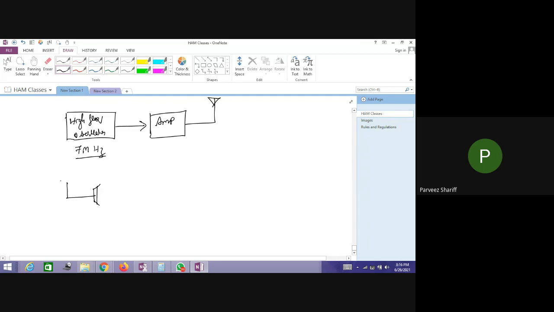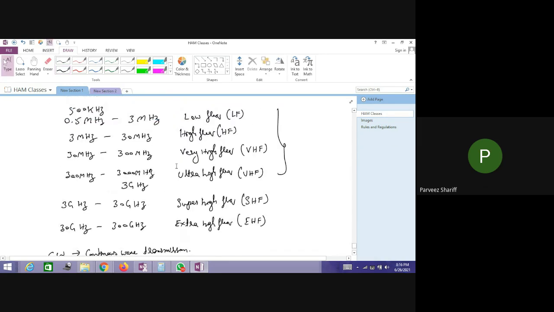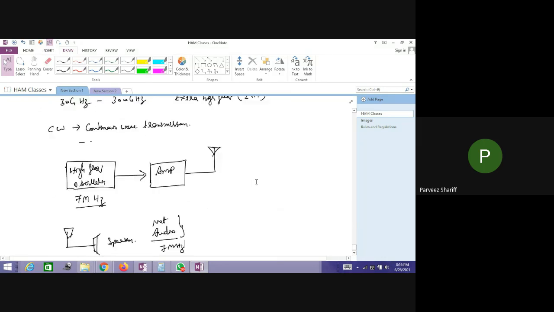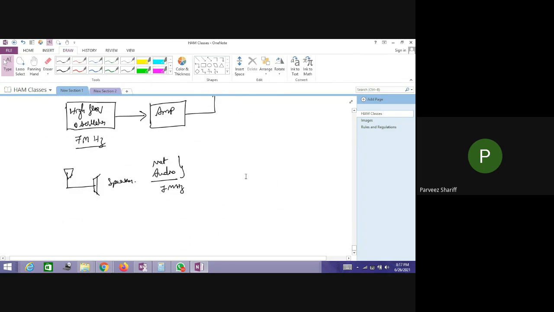If we give this to a speaker, or maybe we can amplify and give this to a speaker, what happens is that 7 megahertz is not an audio range, because our ears can recognize frequencies from, say, 20 hertz to 20 kilohertz, but practically it is up to maybe 5 kilohertz, and maximum up to 10 kilohertz.